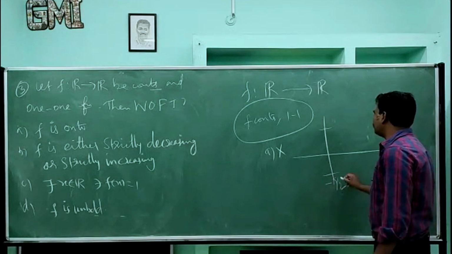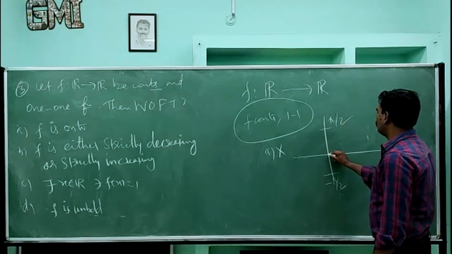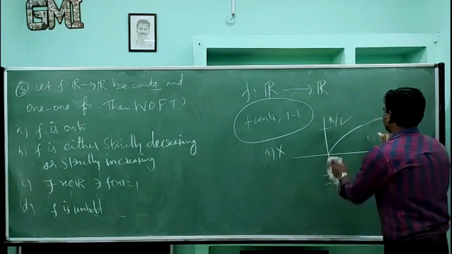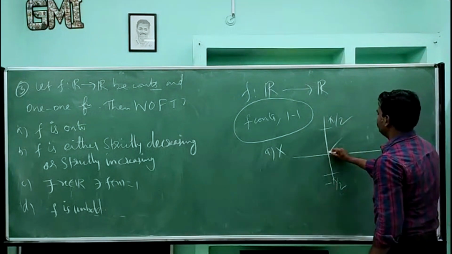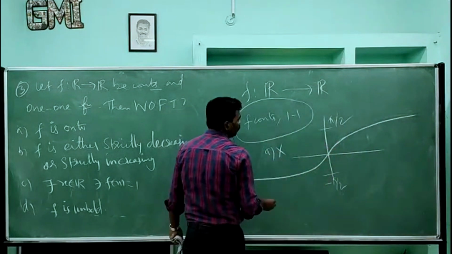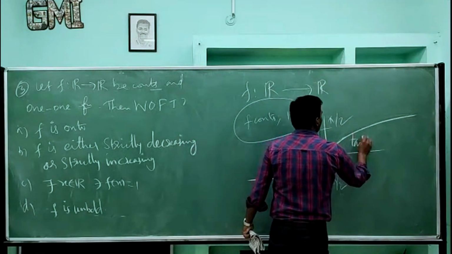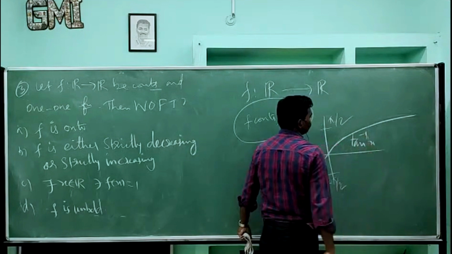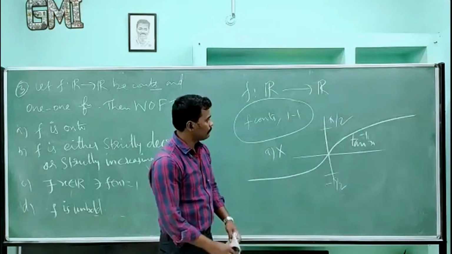This example, most of the people know, tan inverse of x. Just a very bad drawing like this. This is the tan inverse x graph.